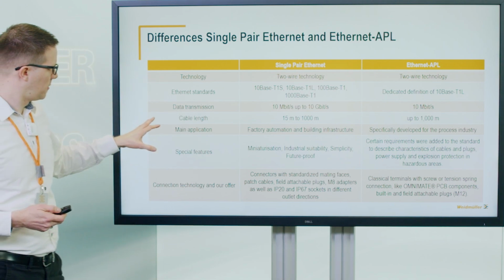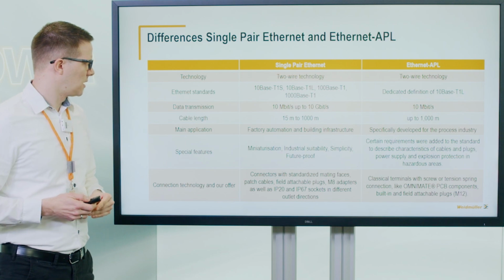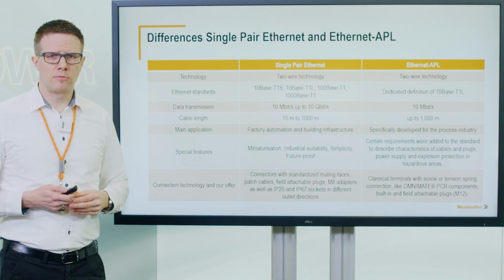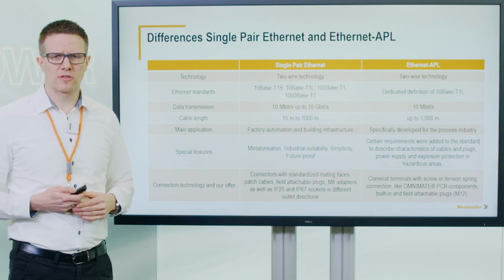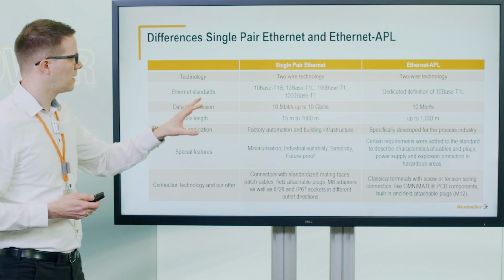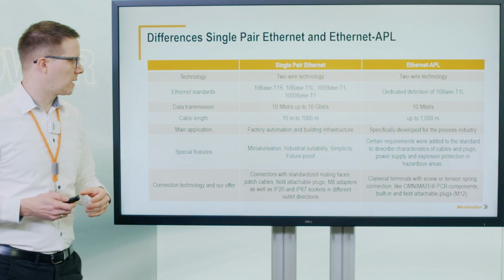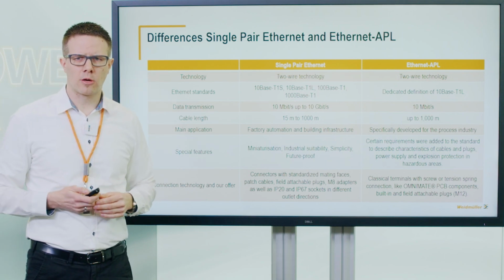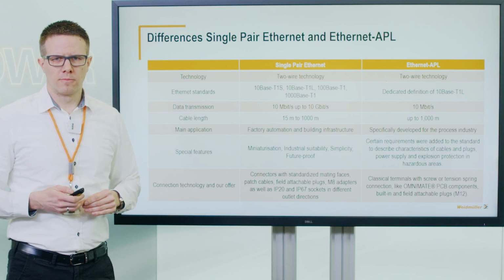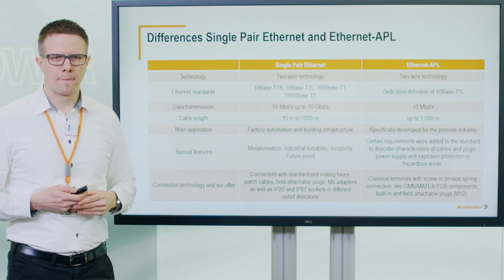We have some special features for single pair Ethernet. There is really the trend into miniaturization, industrial suitability, simplicity and also future-proofing. While Ethernet-APL is working with traditional components like classical terminals, but with certain safety standards.